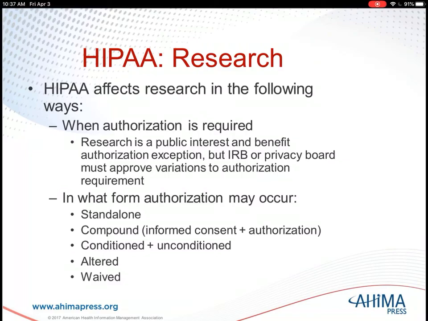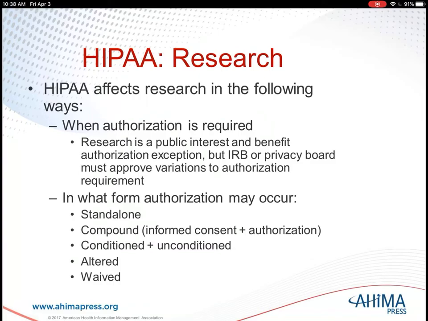Now, a privacy board is a group formed by a covered entity to review research studies where authorization waivers are requested and to ensure that HIPAA privacy rights of research subjects are upheld. Now, the privacy rule expanded the common rule's requirements by regulating both privately and federally funded research, thus equalizing information privacy protections in both types of research.